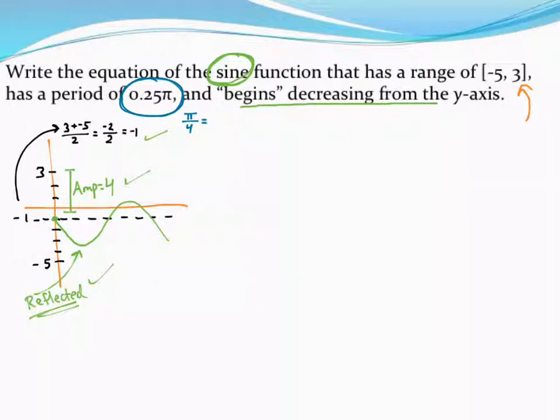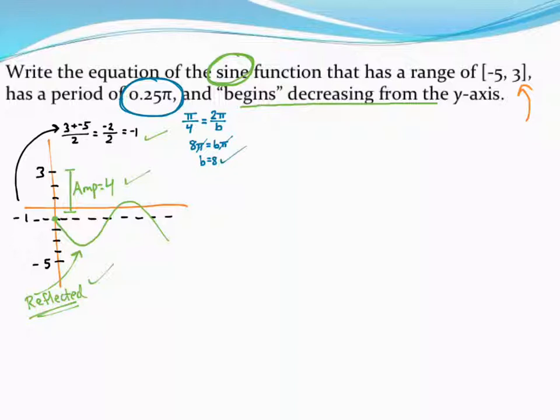Then we know that the period is equal to 2 pi, the normal period, divided by the b value. That's the proportion I'm going to solve to find b. If I cross multiply, I get 8 pi is equal to b times pi. If I divide both sides by pi, those cancel out, and all that's left is that b is 8 to make the period that I have.